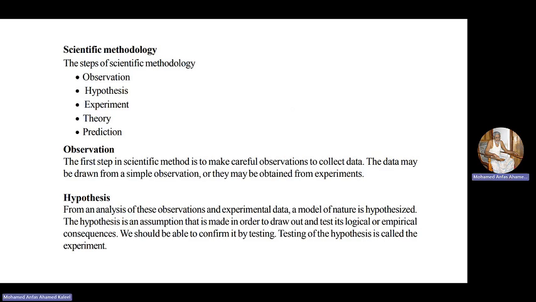We should be able to confirm it by testing. Testing of the hypothesis is called the experiment. I will come to the case study examples to understand these observations and hypotheses.